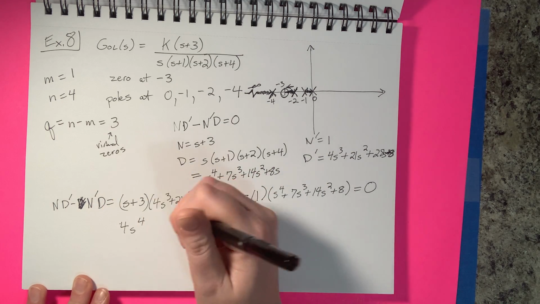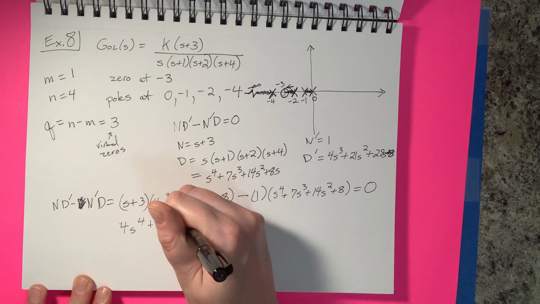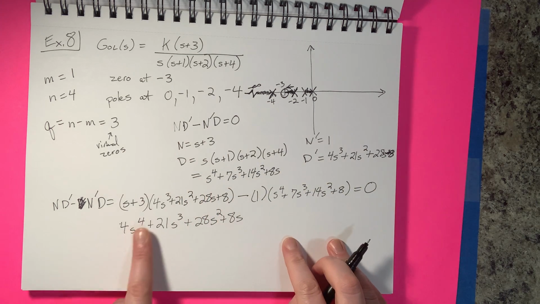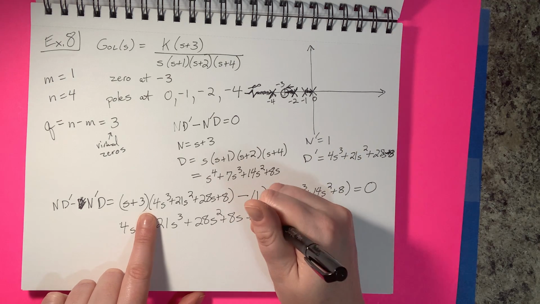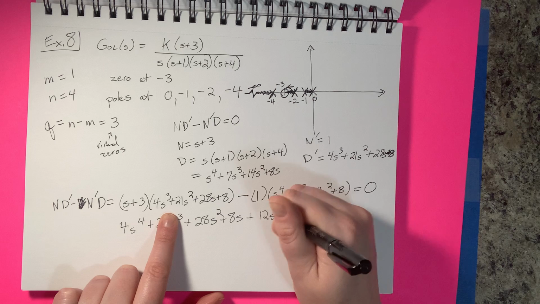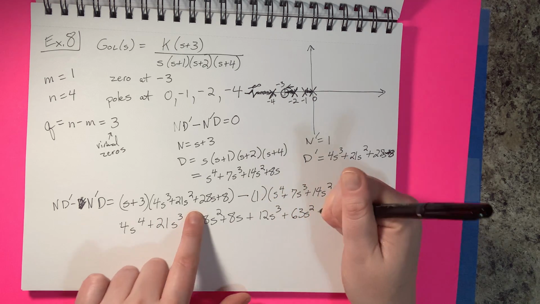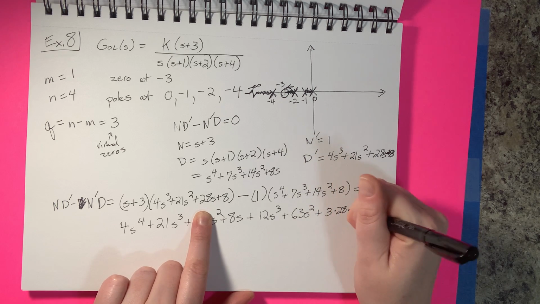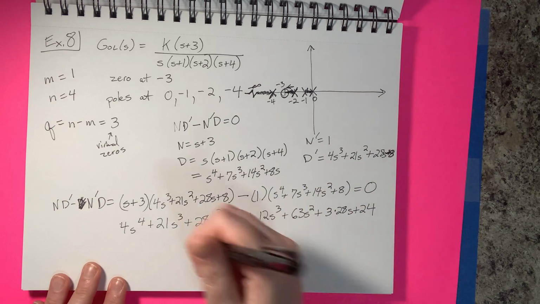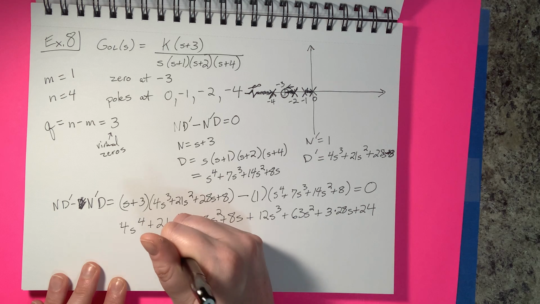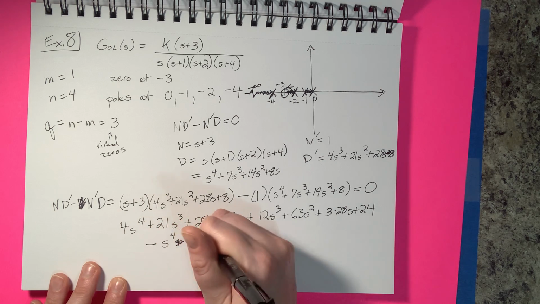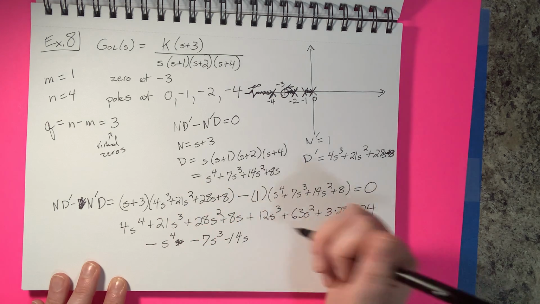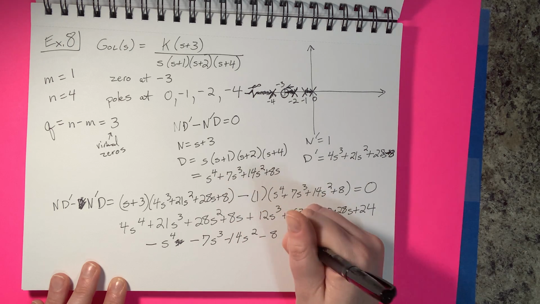Okay, so what we've got here, 4s to the fourth plus 21 times s cubed plus 28s squared plus 8s, and then we have the plus 3 multiply, plus 12s cubed plus 63s squared plus, and that's 3 times 28s plus 24, and then subtract it off from s to the fourth plus, or rather minus 7s cubed minus 14s squared minus 8s equals 0.